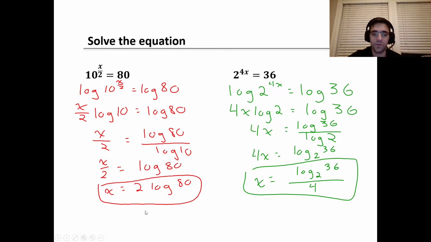However, if you know your log properties, you know that we could make that coefficient of 2 an exponent on that 80. And because you know that 80 is a number you can square, you could write this as log of 6,400. And that would be correct too. It would be a mad arithmetic flex, and you're more than welcome to flex on your next math quiz.